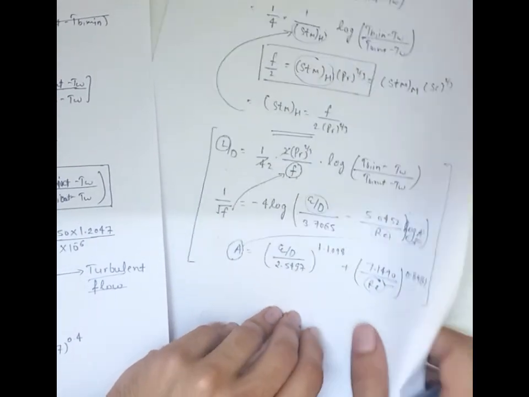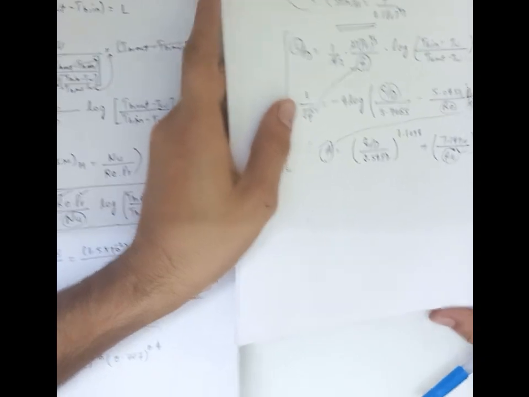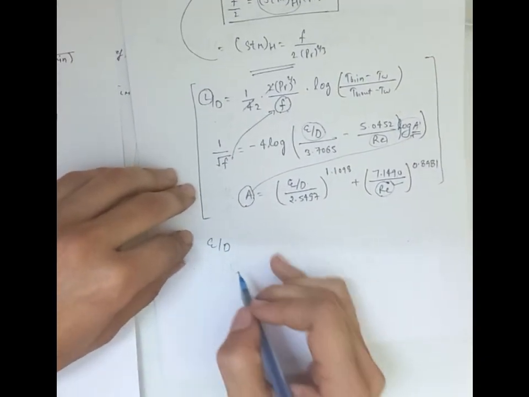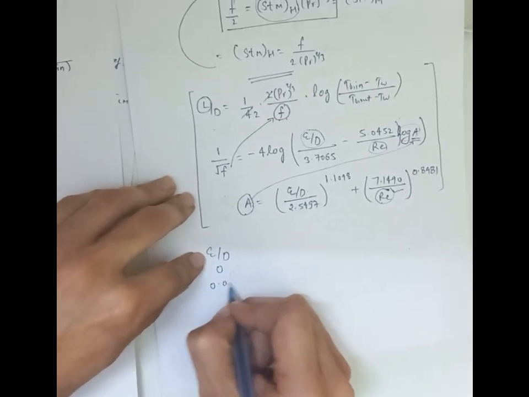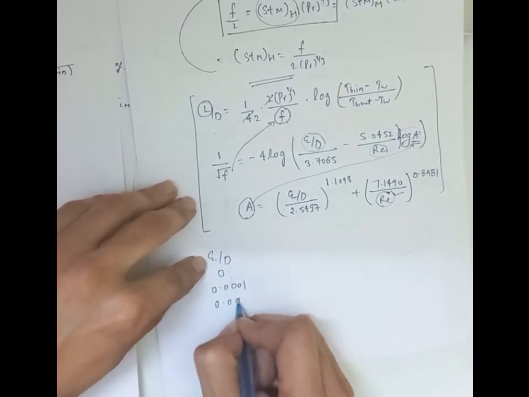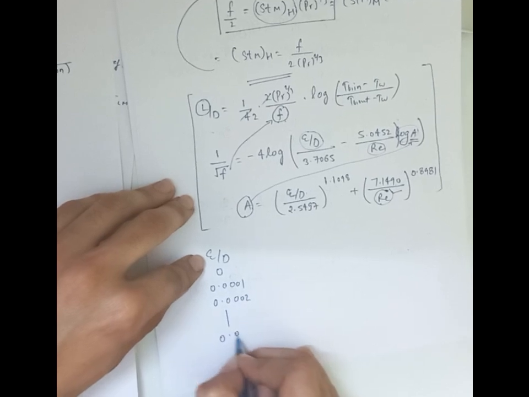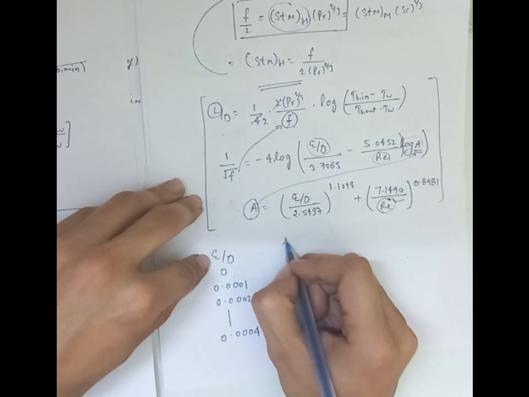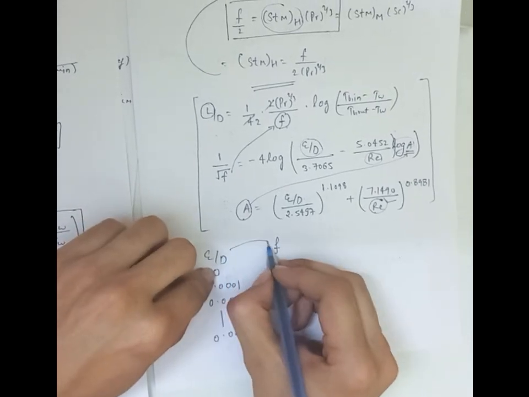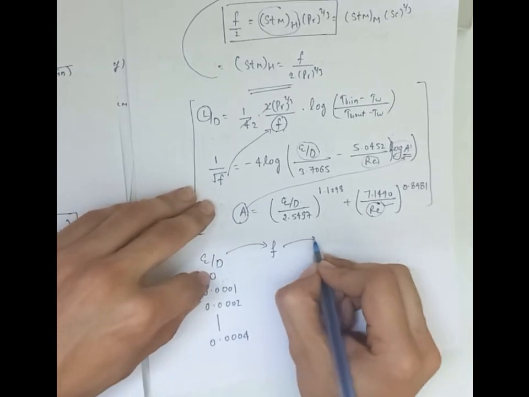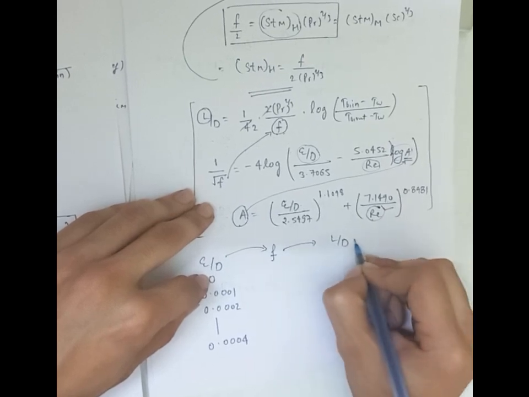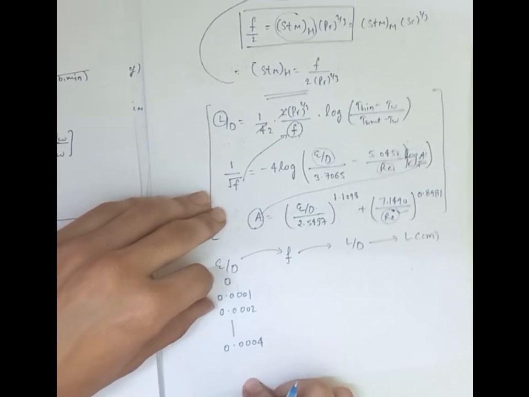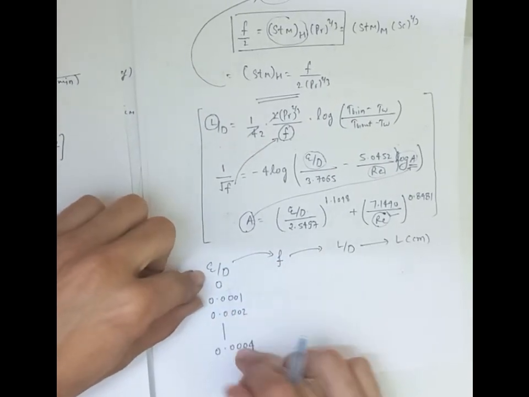Now we will use different surface roughness values, like the E by D ratio, that is the relative surface roughness, such as 0.0001 or 0.002 up to, for example, 0.004, and we will see how the value of f changes, how the L by D ratio changes, and finally how the value of L changes with the surface roughness, or more precisely the relative surface roughness.